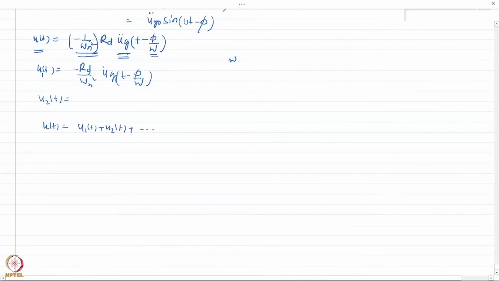So the accelerometer should be independent of the frequency that it is being excited. The goal is to design an instrument such that it is independent of R_d and phi by omega, because then each harmonic component we can record with the same modifying factor, R_d by omega n square, and with the same time lag.